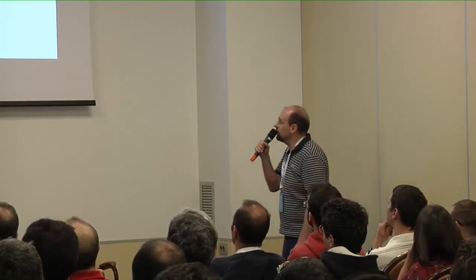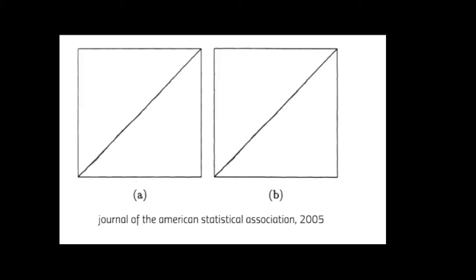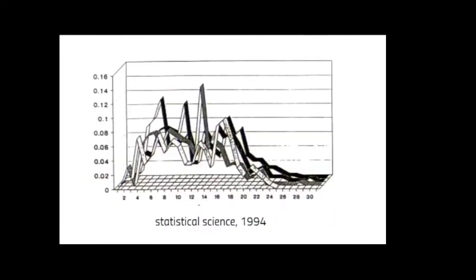Then we have this one. The same applies. They are showing the same X and Y data twice with no description of what's on the axis, and the caption wasn't helpful either. Then we have this. This is not a wrong graph.